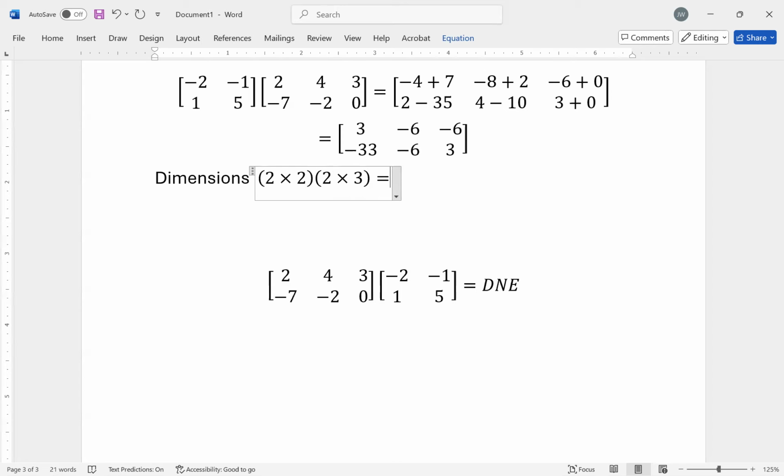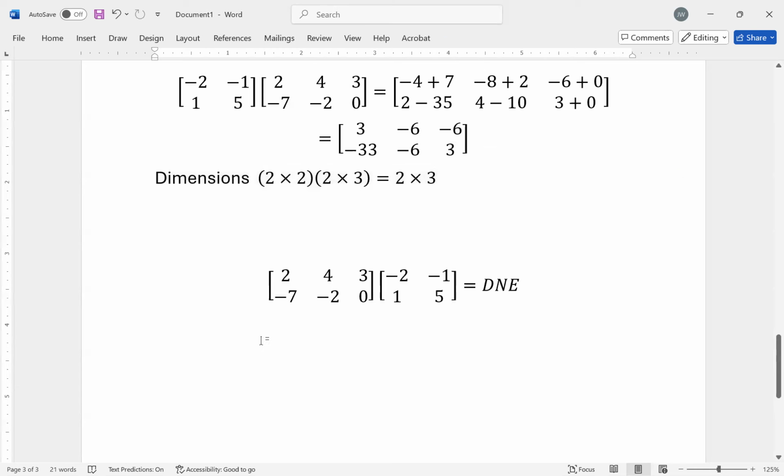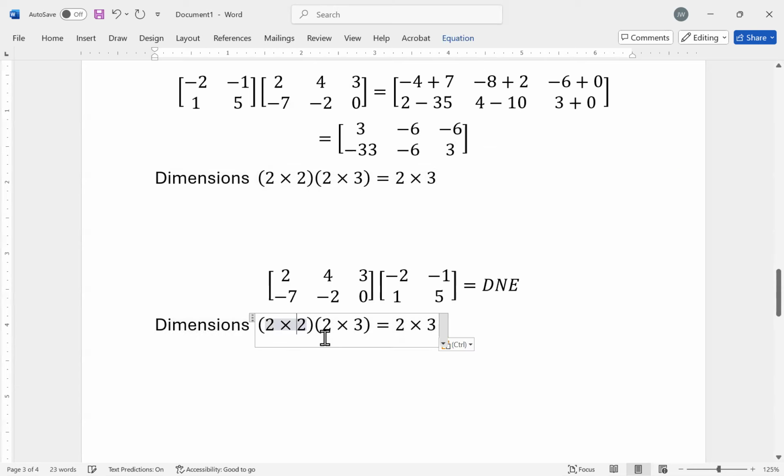And that gave me a 2 by 3 matrix. Okay. In the second one, the dimensions were 2 by 3 multiplied by 2 by 2, and that did not exist.